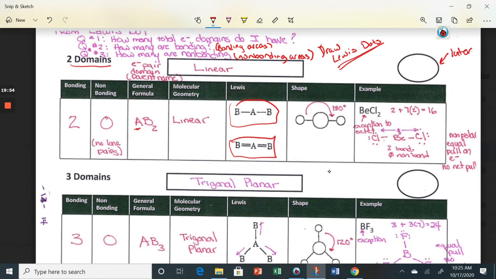I have a pull from the chlorine this direction, and it's a dipole and it goes that way, and then a pole this way, and then you have the equal and opposite pole, so there's no net pull, no net flow. No net pull, no net flow of electrons is non-polar. So think the word no: no movement of the electrons, no flow of the electrons. There's a no in non-polar.